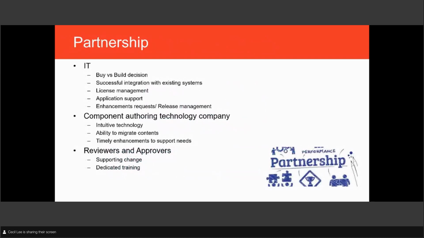Okay, I'd also like to talk about partnership as well. I'm from the business side, but we also have leaders from our IT organization making sure that the engineering of the content and the technology is being implemented.